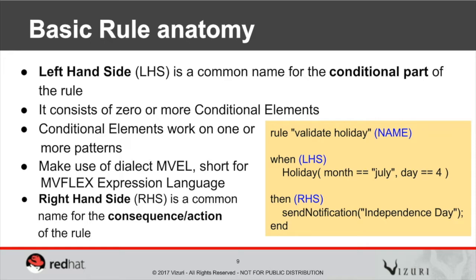All constraints get written on the left-hand side. Now look at my little example. As you can see here, we've put two constraints on an object called holiday. In this case, the holiday has two attributes, month and day. As you can see here, if a holiday month equals July and the day is 4th, then on the action side, we're going to take some action. And in this case, we're going to send out a notification.